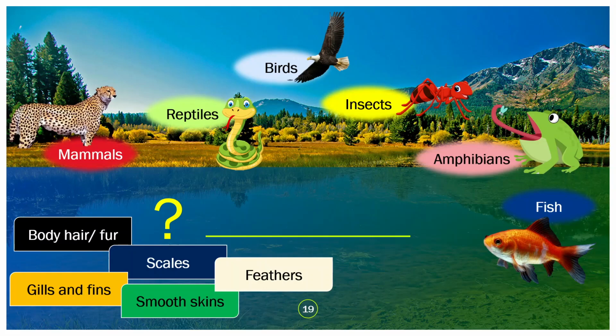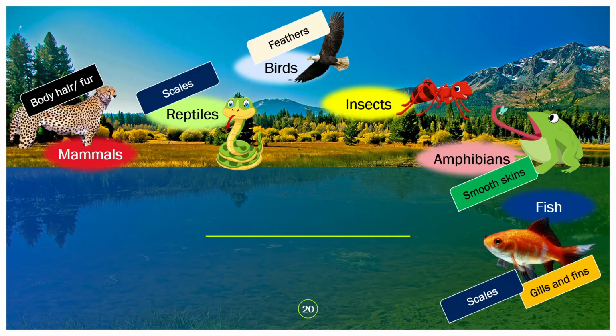The bird has feathers. But let's see. Okay, can you see this? So mammals will have fur, or we can say body hair. Some animals have body hair, but normally they will have fur.